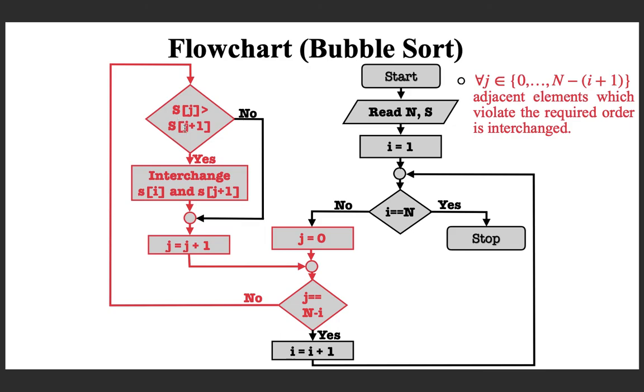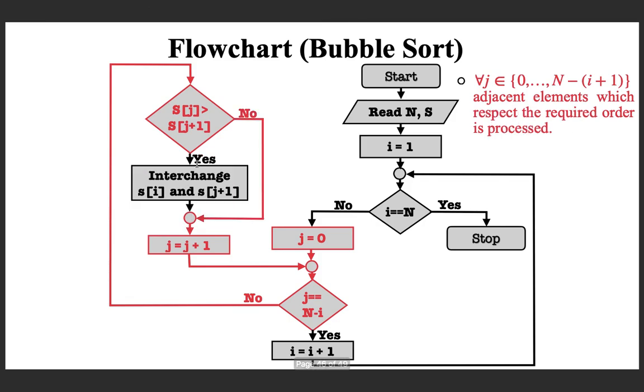That means the first element is greater, so you have to interchange the elements at j and j plus 1. Sorry for this typing mistake, it should be j and j plus 1. So interchanging, okay, that's fine. And now incrementing j to the next index, and you are proceeding.